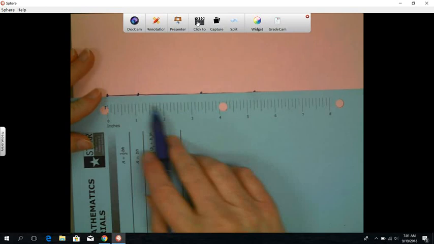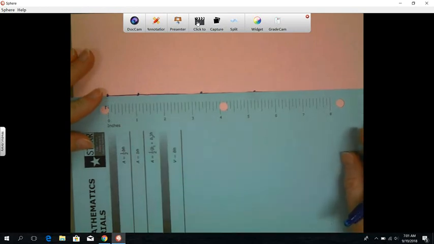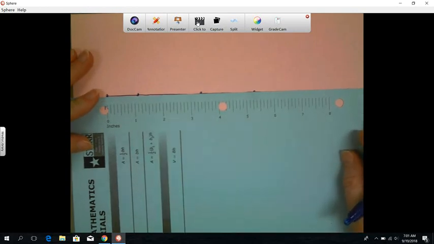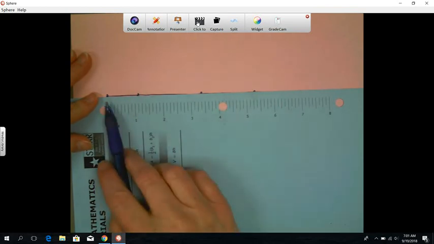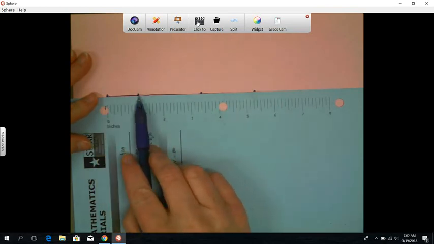So if I line up my 0 and I know that it's not close there, we could even fold that over or cut that little bit off, but we could line it up so that we can measure that real well. If I go from A to B, remember B was this one right here.